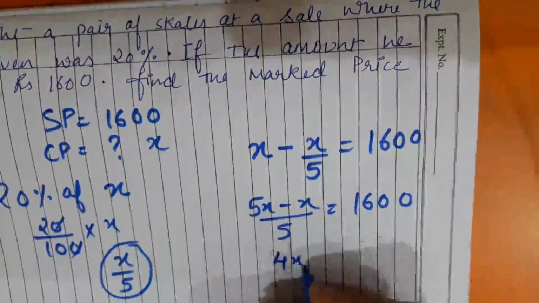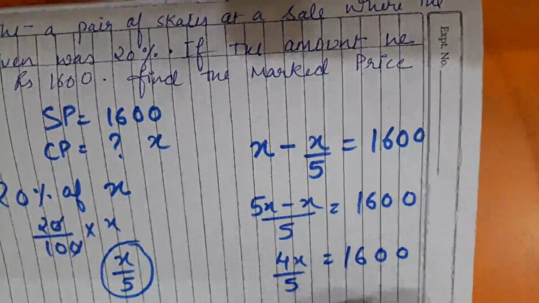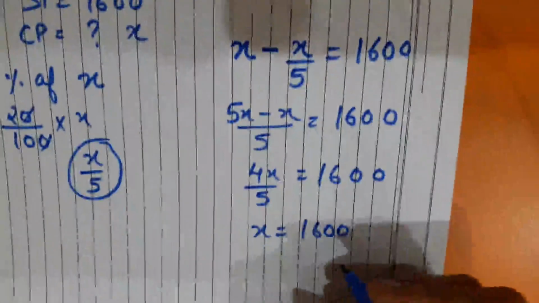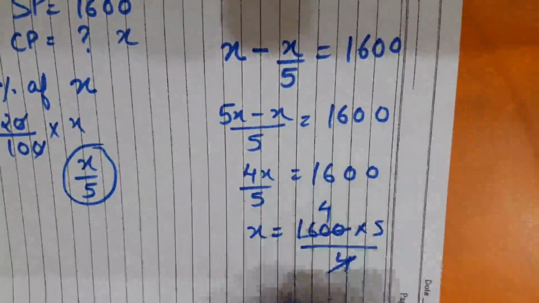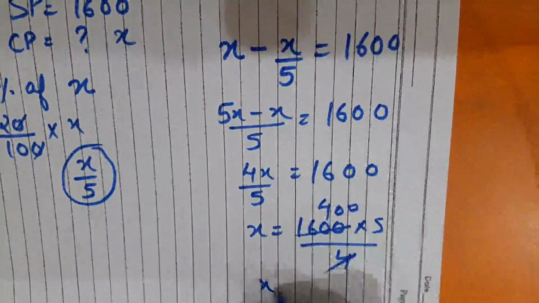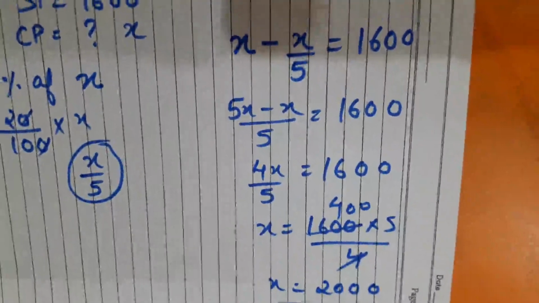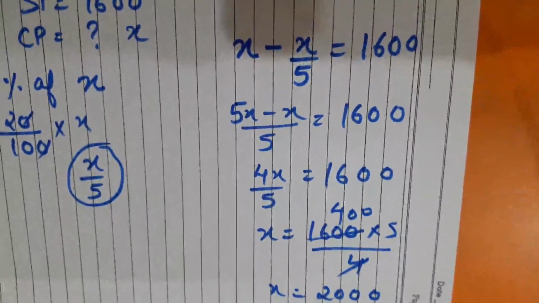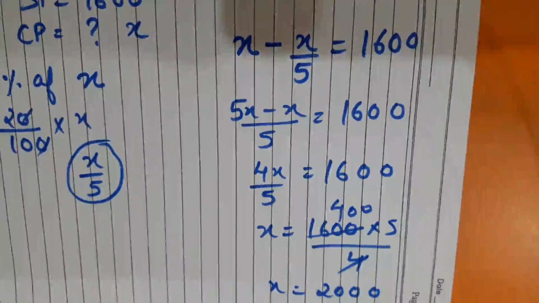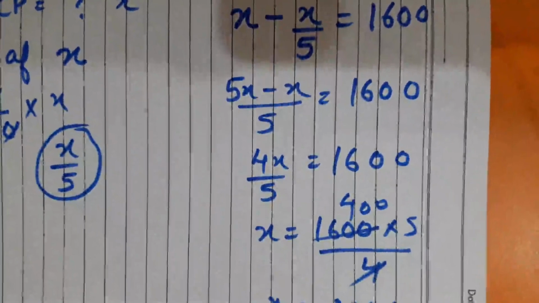You will get 4X upon 5 equals 1600. So X is 1600 into 5 upon 4. So the marked price will be 2000. At 2000 he gets a 20% discount, so he has to pay 1600 at the end. In this way you can easily solve the question.